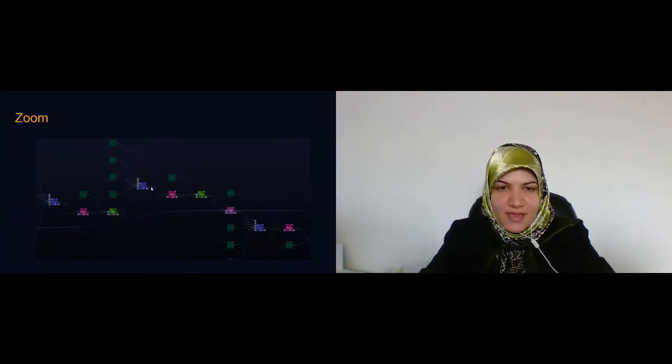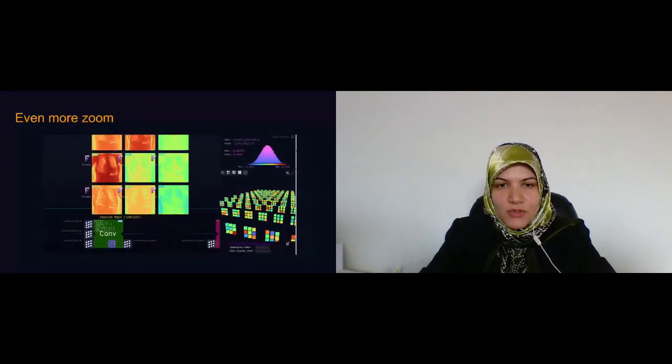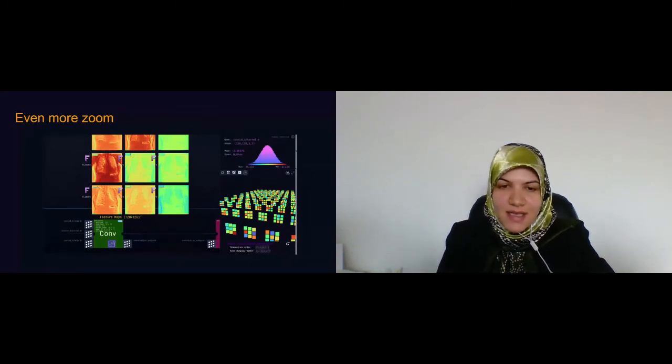We can see different layers, different activation functions, batch normalizations, and all the connections between different layers. And if we zoom in even more, as Patrick mentioned, we can see the feature maps, the histogram, and all the filters and the bias and the output of each layer.